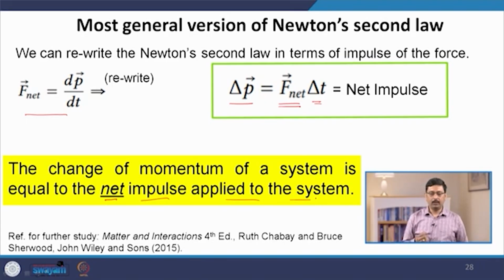This version of writing Newton's second law may not be very familiar to some of you, but we shall see that in some situations this is very handy to analyze problems, especially collision problems and variable mass problems. So, now you know all three versions of writing Newton's second law that cover all possible situations.